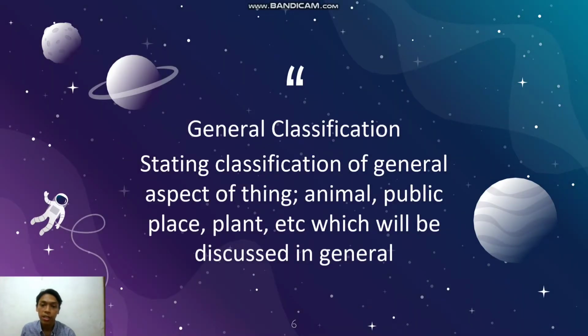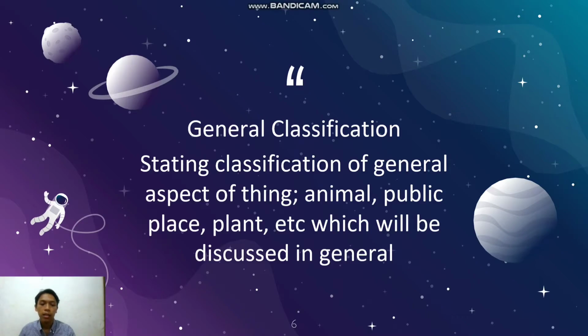General classification states the classification of the general aspects of a thing, animal, public place, plants, and so on, which will be discussed in general. In this part, the author must give general information. For example, if we want to talk about the cat, the narrator must talk about cats in general, like a cat is one of the animals that has a cute face.